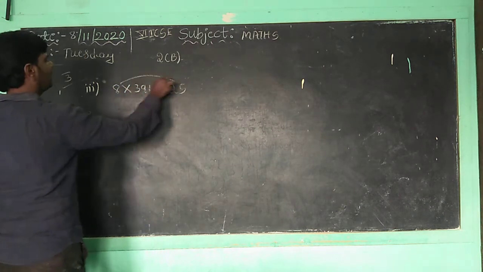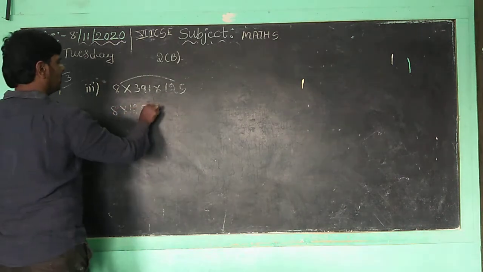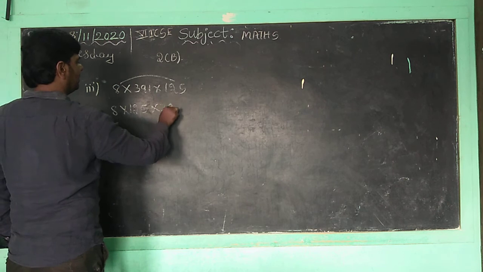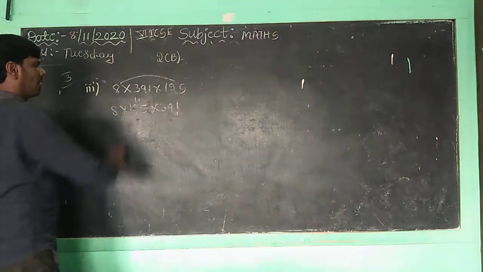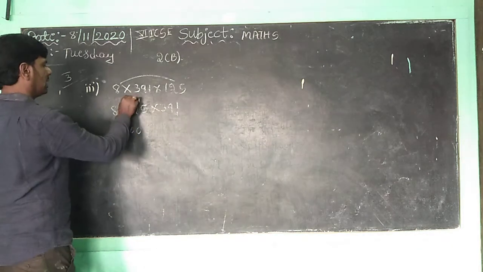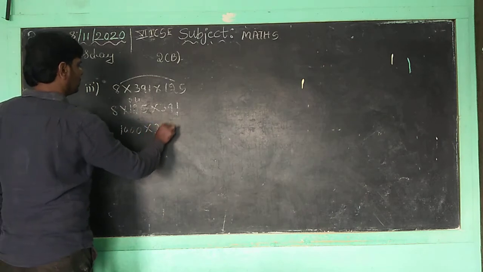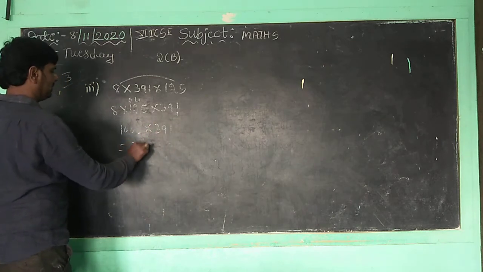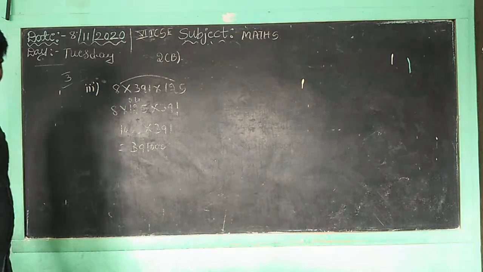Children, first you want to multiply here 8 into 125 into 391, because 5 8s are 40, carry 4. Okay, and 8 1s are 8, plus 4 is 12, carry... 8 into 125 is 1000. 1000 into 391 is equal to 391000. Okay, this is also over, children.